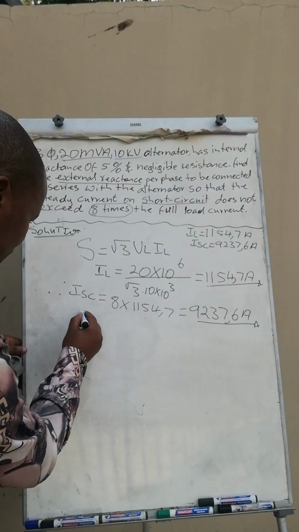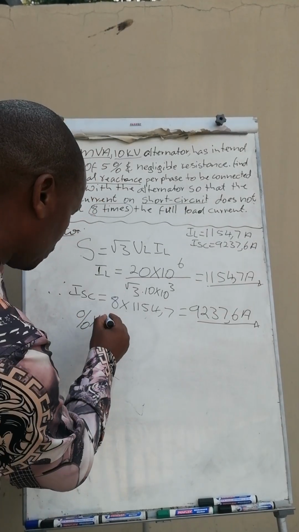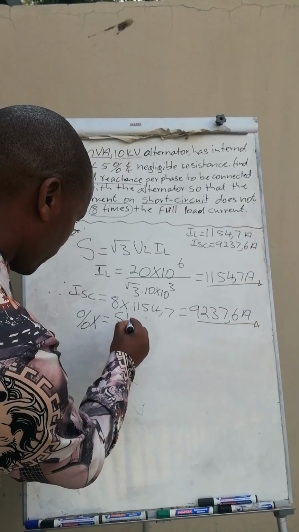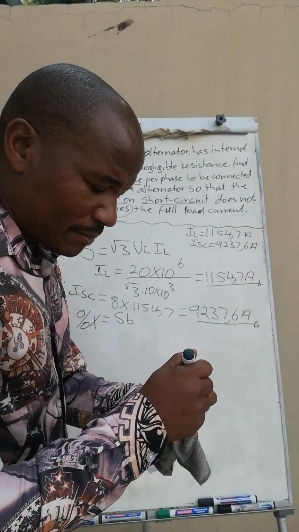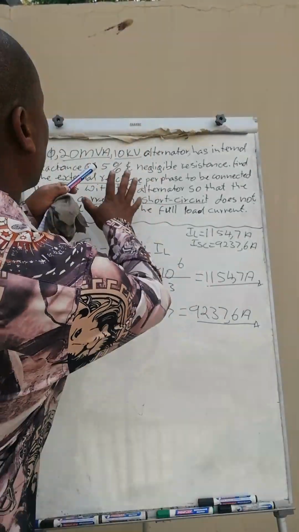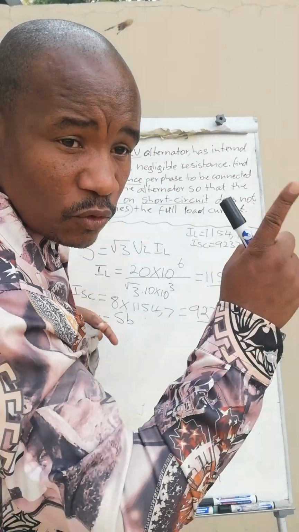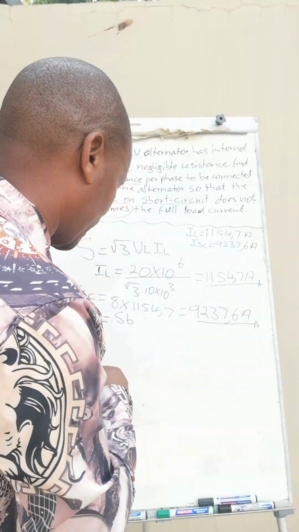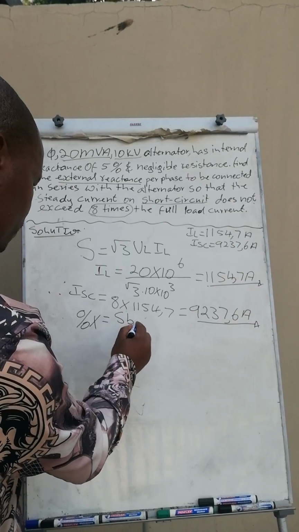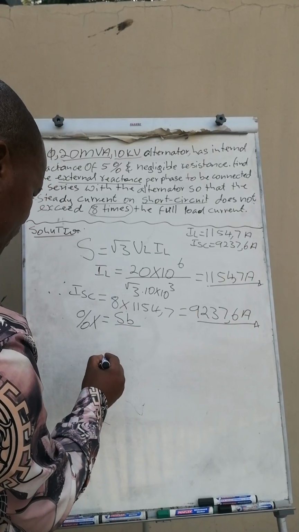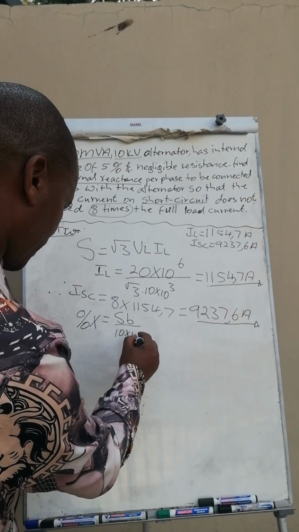The formula for the percentage reactance, X, is equal to S base over 10 multiplied by 10. The 20 megavolt amps is still the base, because there are no other equipment ratings. We've got only one alternator rating, and that is our base.